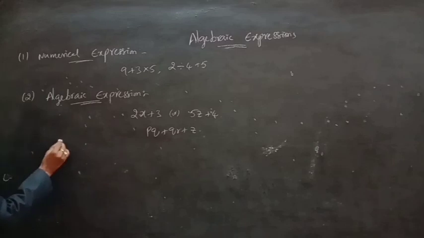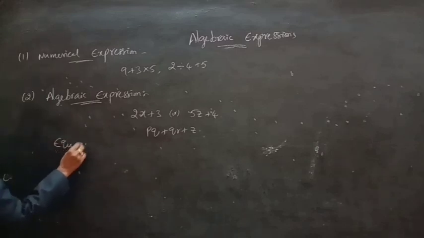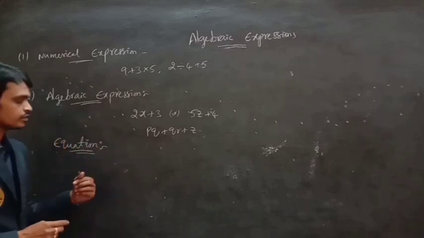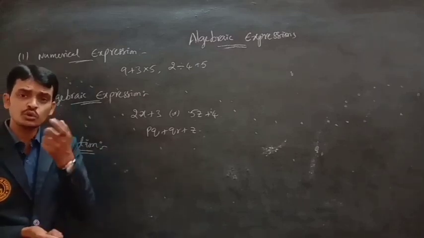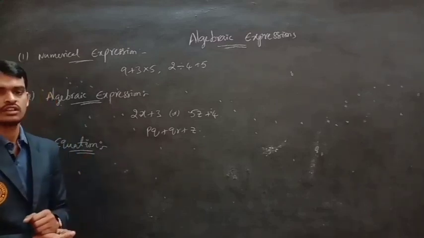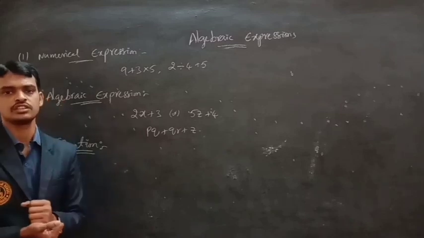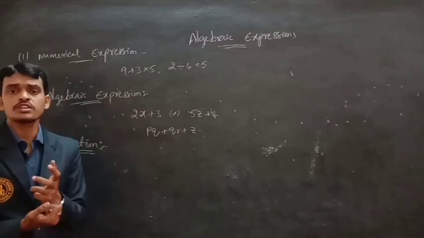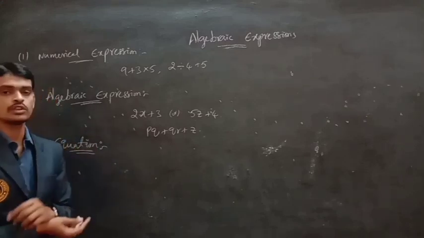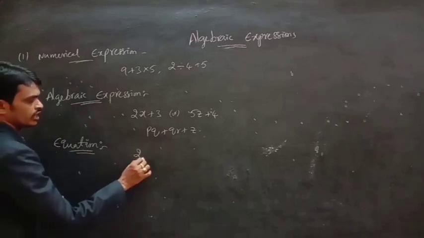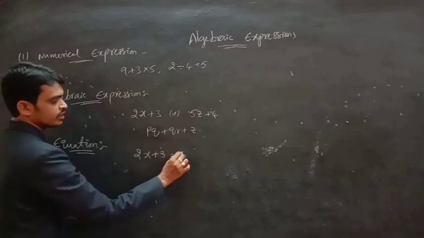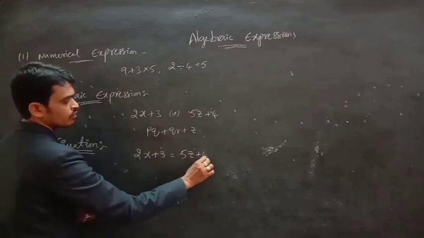Next, equation. An equation consists of two expressions connected by an equal sign. So an equation is nothing but two expressions connected by an equal sign. Let us take 2x plus 3 and another expression 5z plus 4.